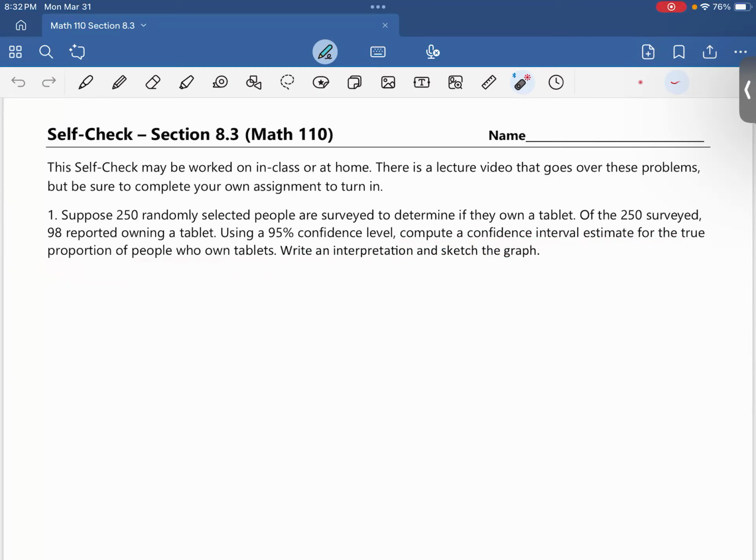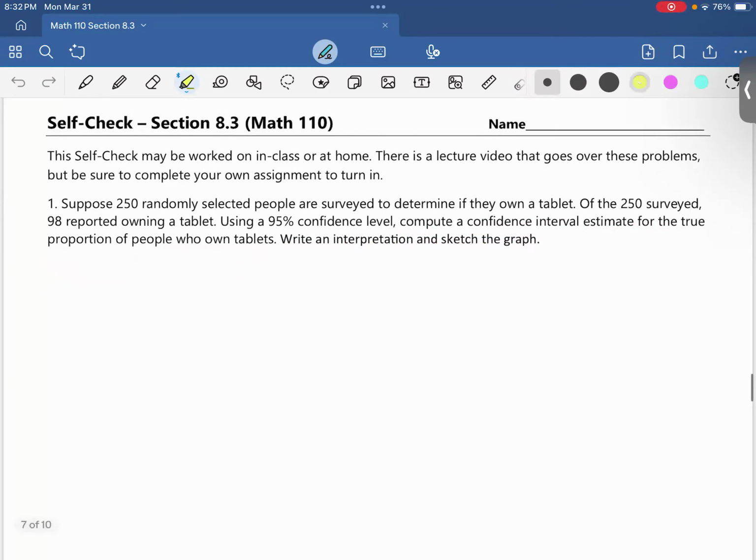So the key thing here in computing a confidence interval is that we want to make sure we know what we are working with. So let's go ahead and write down what the question is giving us. I know right away that I want to talk about the proportion of people who own tablets. So the 98 people who own a tablet, that's going to be my X. So X is going to be 98.